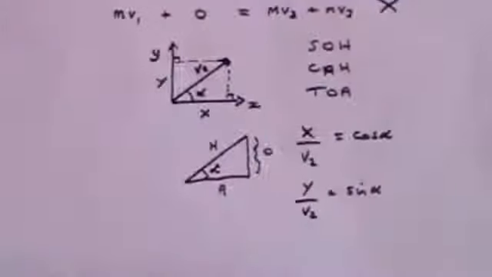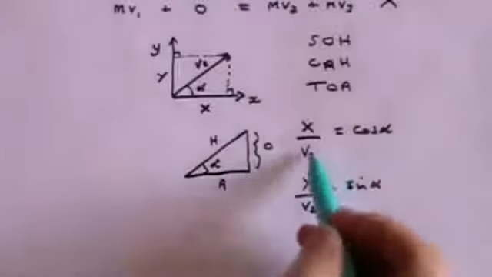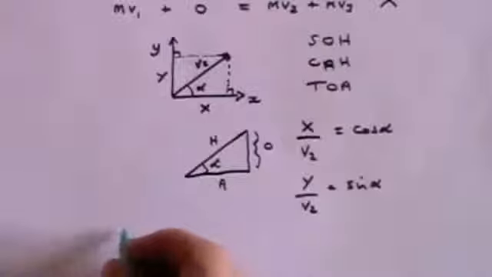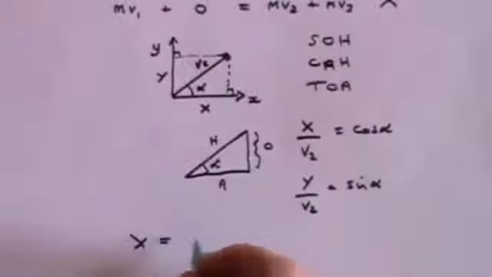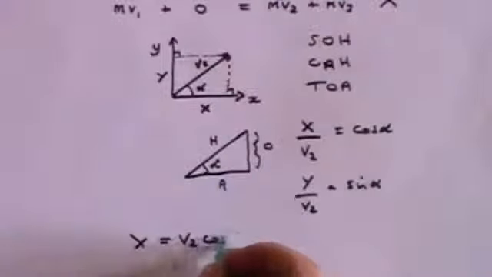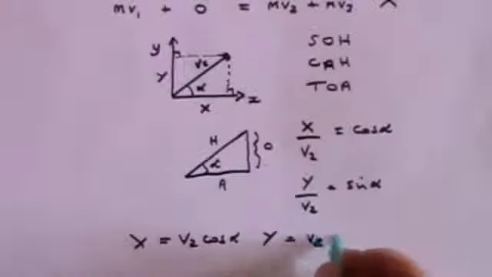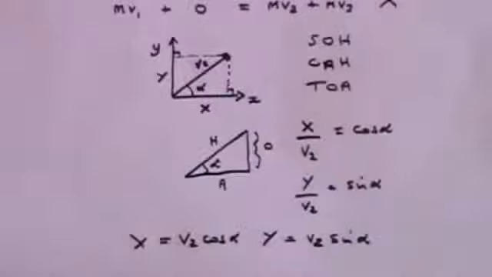And from that you can see that if you simply multiply both sides by v2, you get that x equals v2 cosine alpha and y is equal to v2 sine alpha.